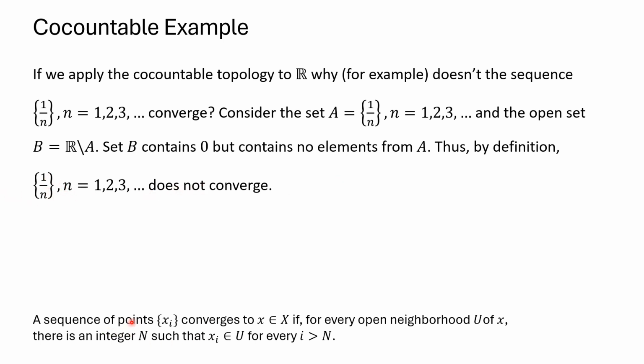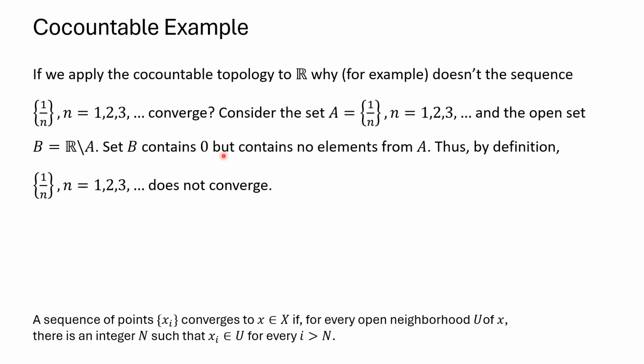Remember, the definition was that a sequence of points converges to x, which would be, our sequence would be 1 over n, and x would be 0, if for every open neighborhood U of x there is an integer n such that x sub i is an element of U for every i greater than some n.